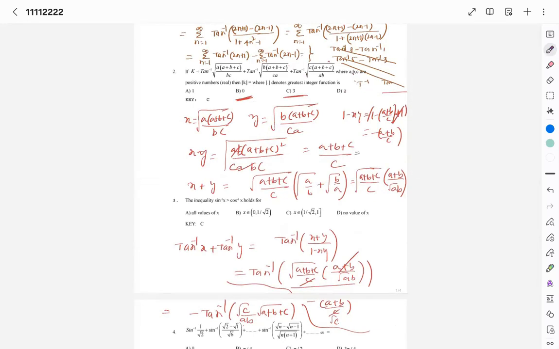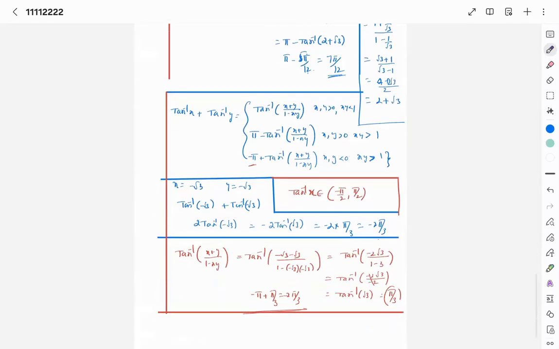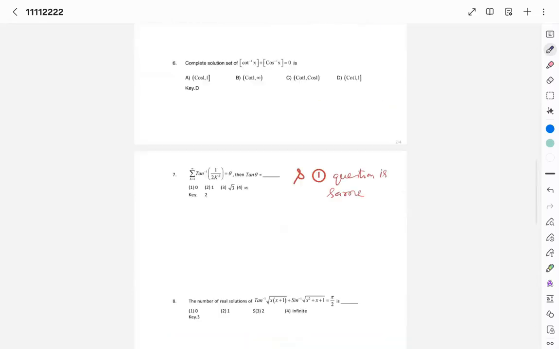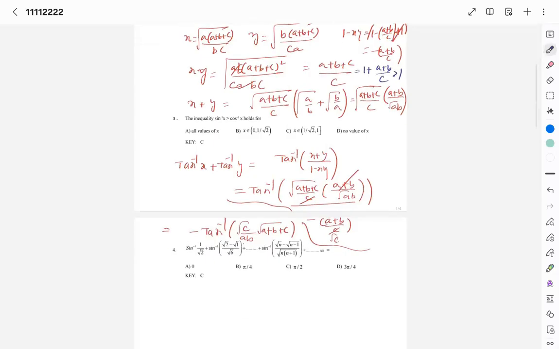Here it is c by c, 1 plus a plus b by c. Here a, b, c are positive integers, so it is greater than 1. Greater than 1 means the formula which I have to use is pi minus this, right? So here I have to use pi minus.